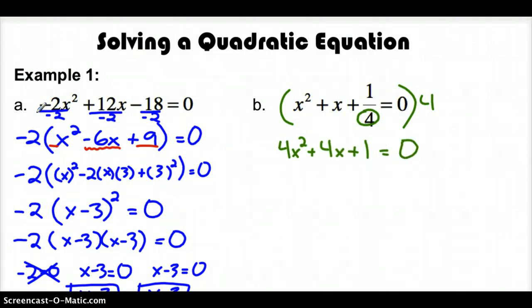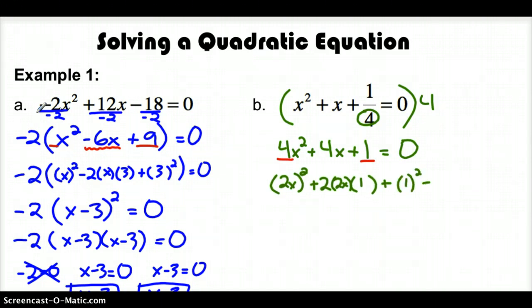This is perfect now. I know that this number is a perfect square, and so is this one, so I should theoretically be able to write this as a perfect square trinomial. I'll write this as the quantity of 2x being squared plus 2 times a times b, so this would be 2x and 1, plus b squared.